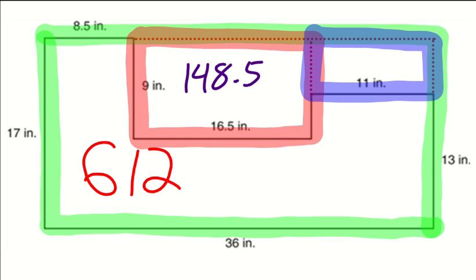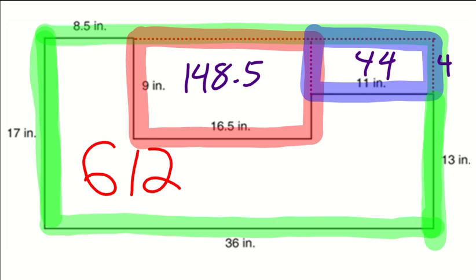All right, so on the left side, we can see this is all 17 over here. Over here, this much of it was 13. What that means is we need 4 more. So 4 times 11 gives us 44. That 44 and the 148.5, those are pieces that are missing from that shape.